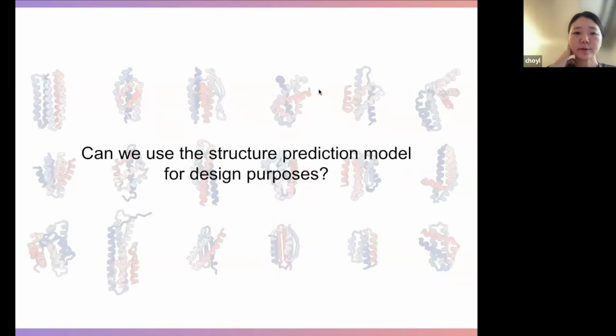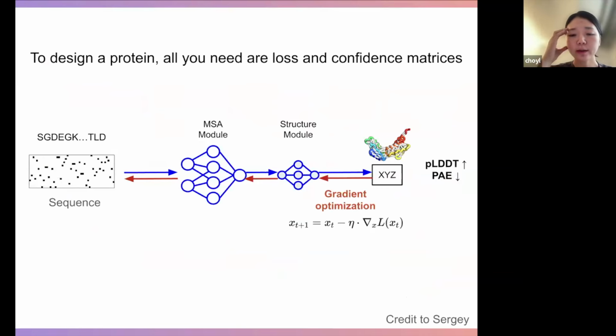But after AlphaFold 2 came out, some people like Sergey and other folks from EPFL and also the David Baker lab thought about alternative ways of using this method: can we use the structure prediction model for design purposes?